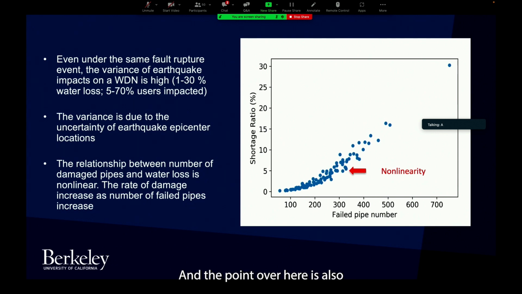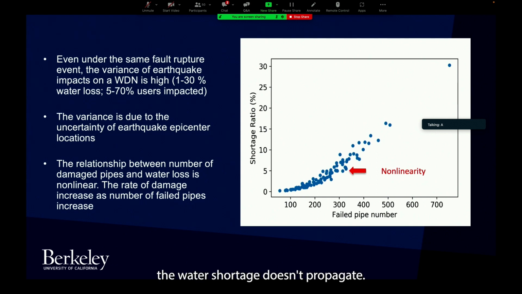The point over here is also that as the pipeline failure increases, each point is an earthquake scenario with its pipeline failure scenario. At the beginning, maybe if you only have 100 breaks, they're rather isolated, so you just try to fix the isolated ones.